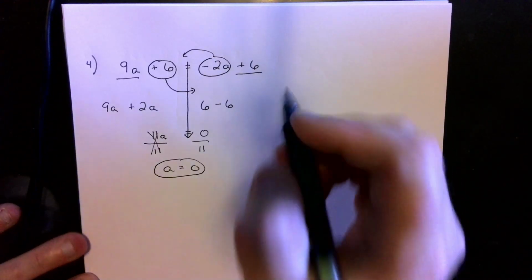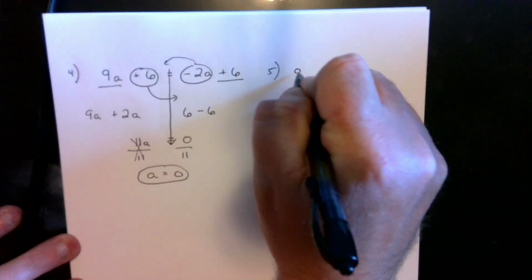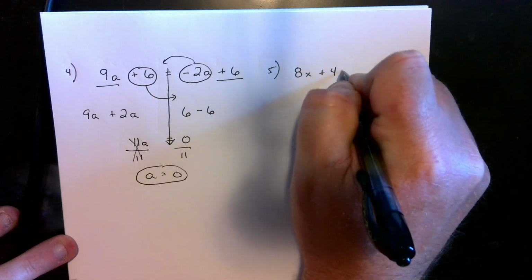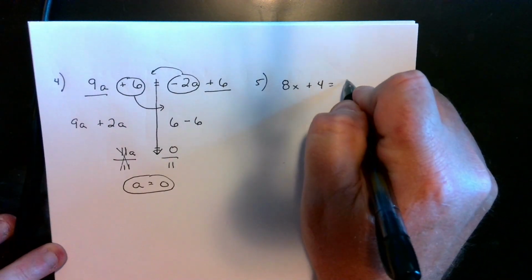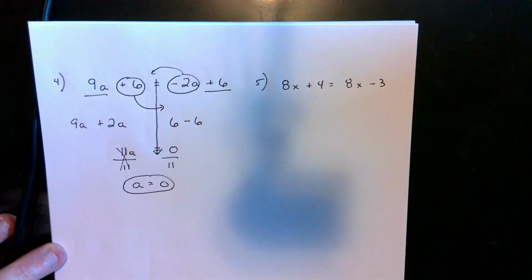Okay. Now let's say we have this problem. Let's go 8x plus 4 equals 8x minus 3.